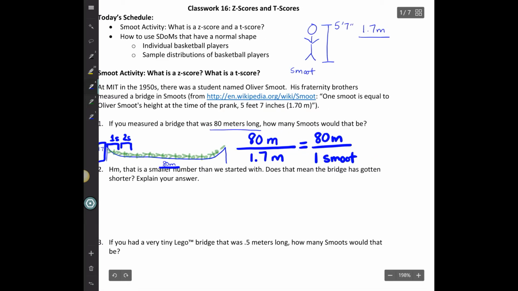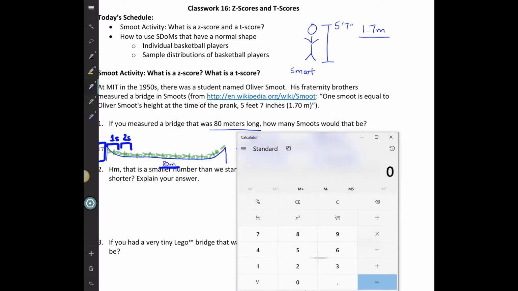Then we can figure out 80 divided by 1.7, and we get 47.06.